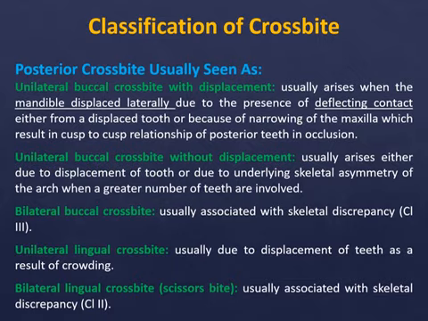So these are the situations that can be seen in case of posterior crossbite: either unilateral buccal crossbite with displacement or without displacement, bilateral buccal crossbite, unilateral lingual crossbite, or bilateral lingual crossbite or scissor bite.